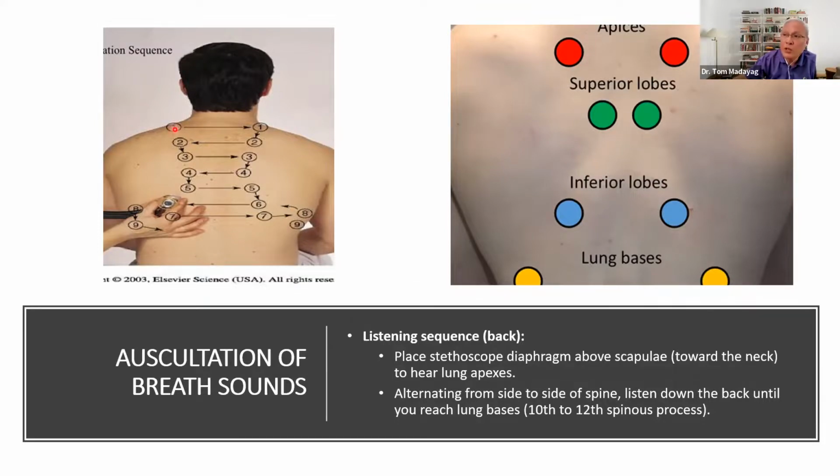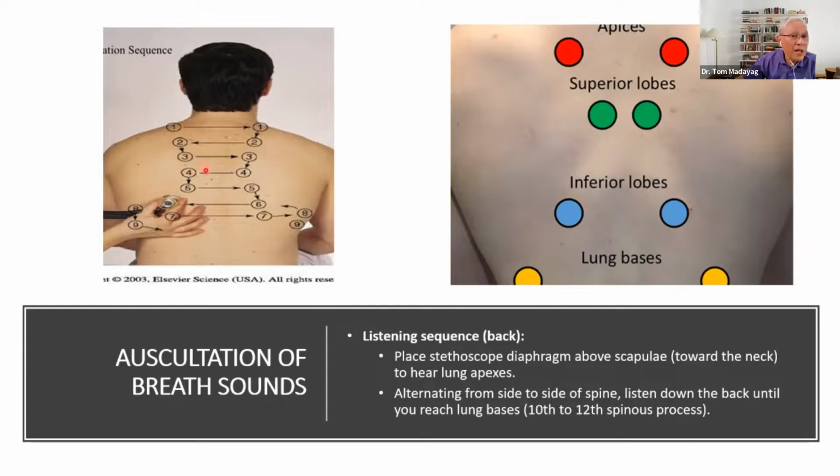So in other words, I'm going to say, taking a deep breath, move my stethoscope over there, deep breath. This is what I often see. The patient is taking a deep breath and say, the nurse is already right over here.